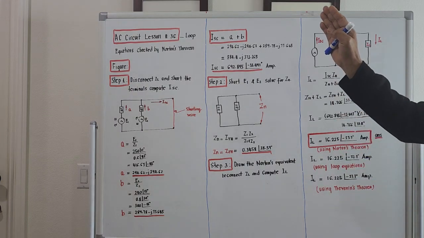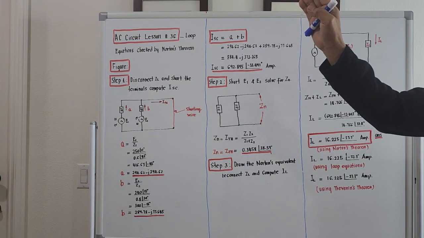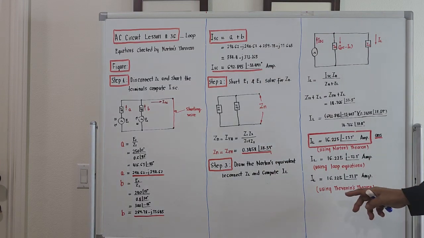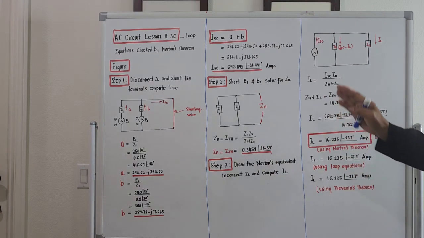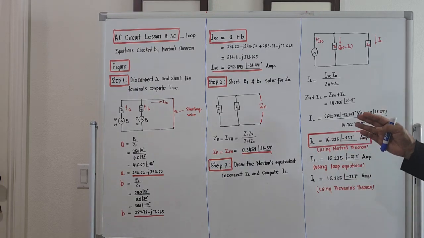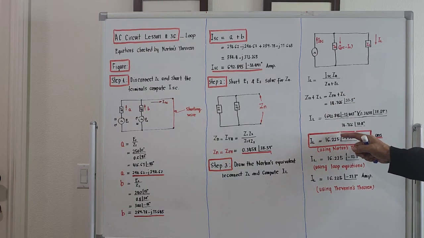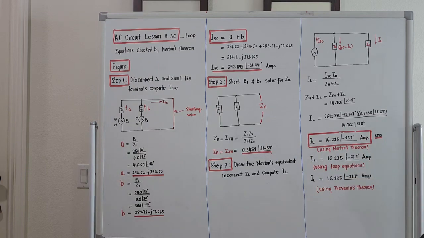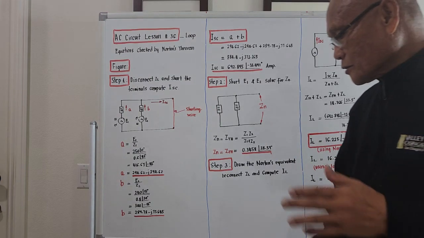And from the next checking, Thevenin's theorem, what comes out is also 16.225, the angle is negative 27.7 degree amperes. So we are solving one problem, we have presented three solutions so far, and all the solutions are the same. So hallelujah for the different theorems on alternating current circuit. Let's proceed.